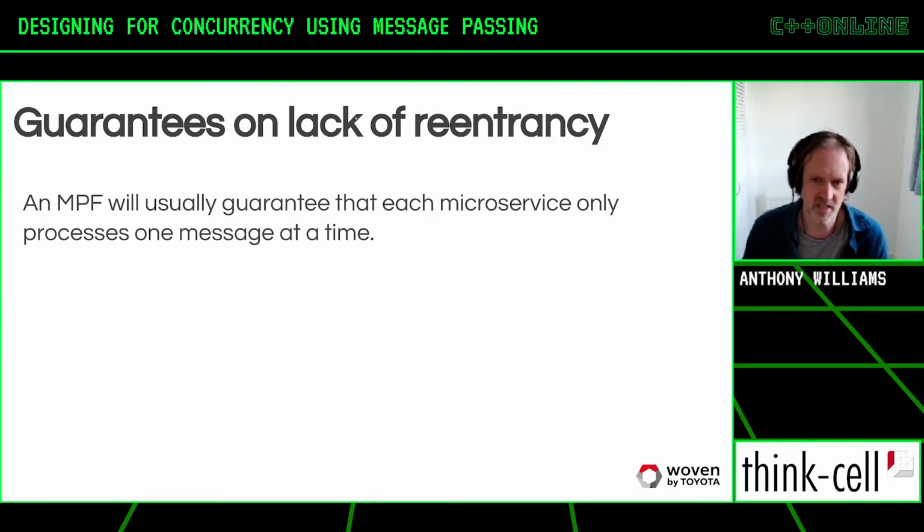So one way that it does that is by providing this guarantee that each microservice only processes one message at a time. And so therefore, it doesn't need any internal synchronization, because the three functions for handling the three different types of messages are never running concurrently. They can therefore all access the same bit of data that belongs to this microservice.